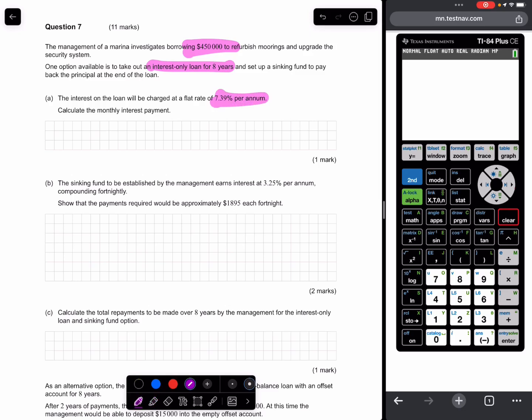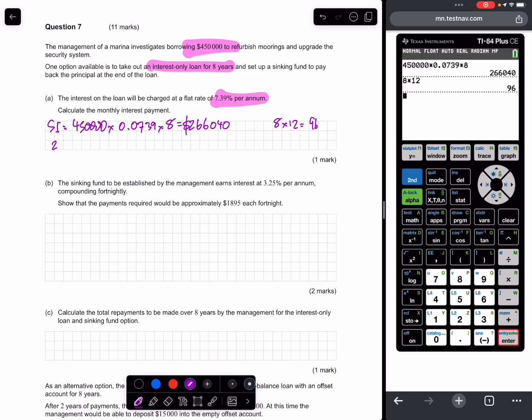Okay, monthly simple interest equals principal 450,000 times the rate as a decimal times 8 years. 450,000 times 0.0739 times 8, $266,040 in interest over 8 years. 8 years times 12 months, 8 times 12, 96 months.